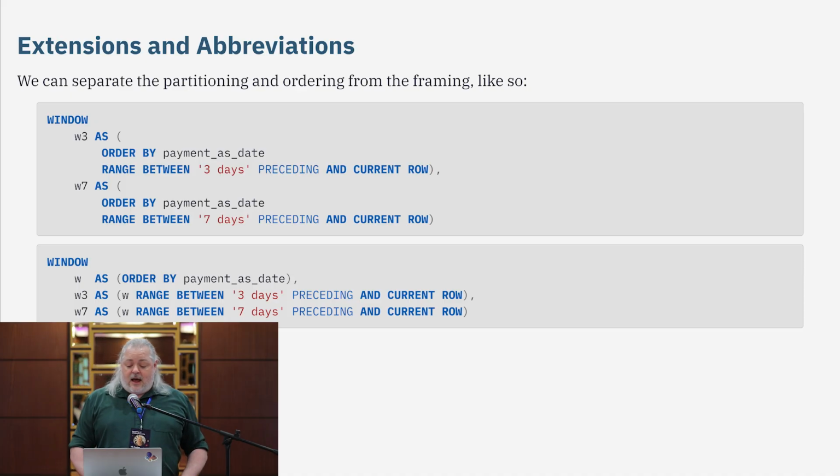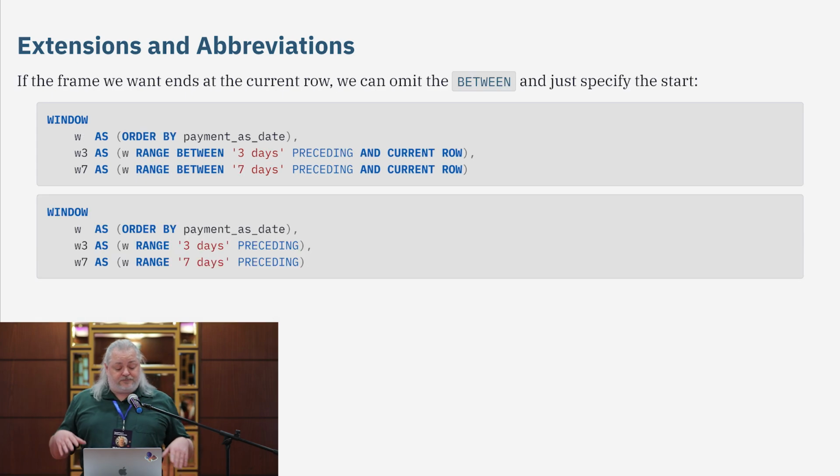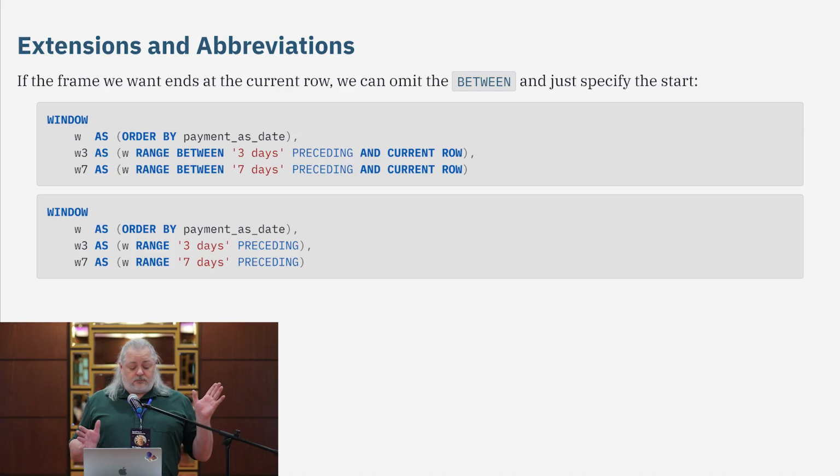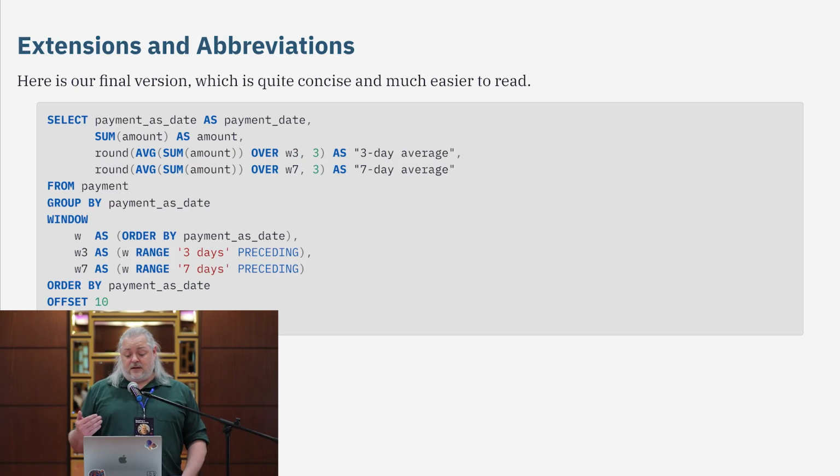And if your last row is current row, you can abbreviate that to just how many preceding you want. So range between 3 days preceding and current row becomes just range 3 days preceding, which is a lot easier. Now the query looks like this, which to me is very concise and very easy to read.